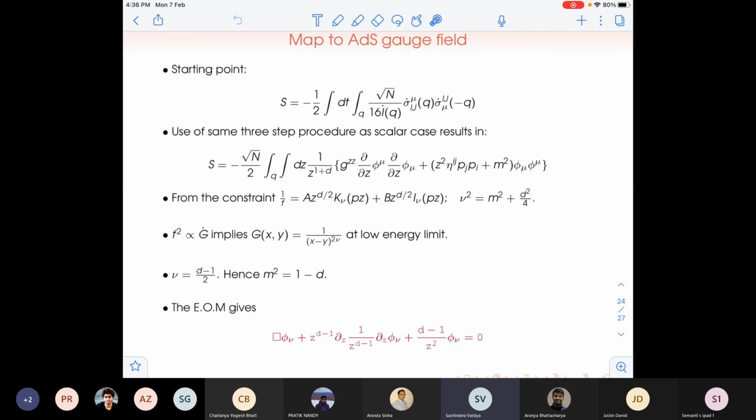Why is this a U1 theory? Why is this an abelian gauge theory? How is it that it became abelian?